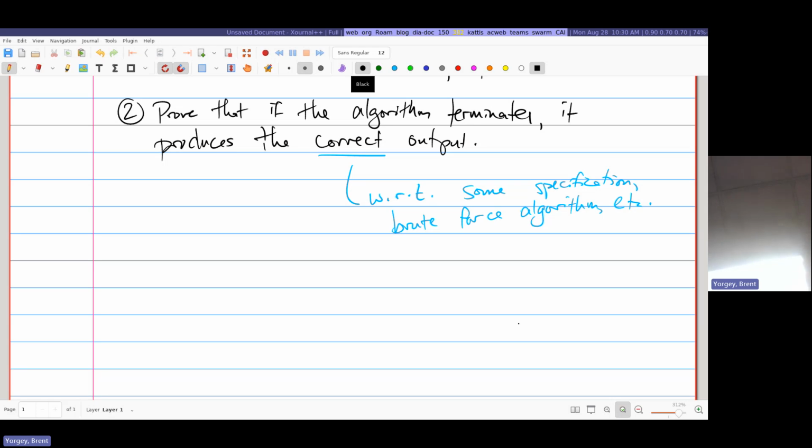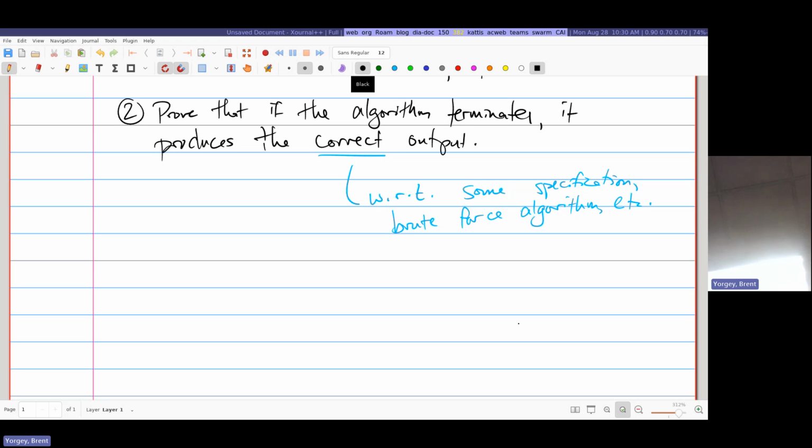How many people think the one with recursion is going to be easier to prove stuff about? How many people think the one with a while loop is going to be easier? Evenly split. That's good. The answer is recursion is way easier to prove things about because we can use induction. Induction and recursion are like peanut butter and jelly. Loops are super annoying to figure things out about.